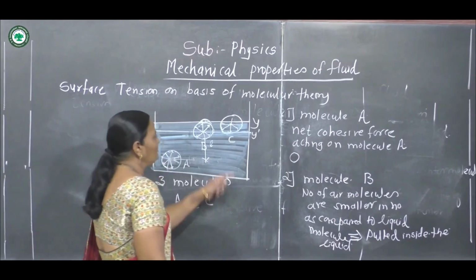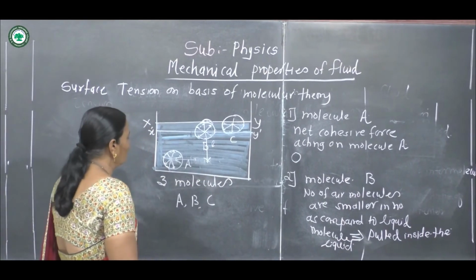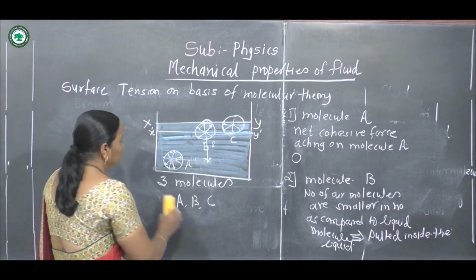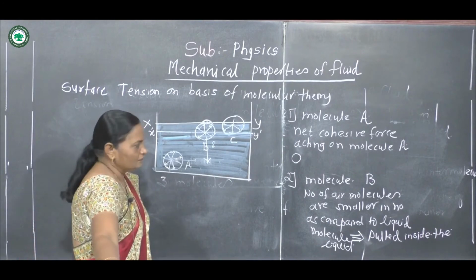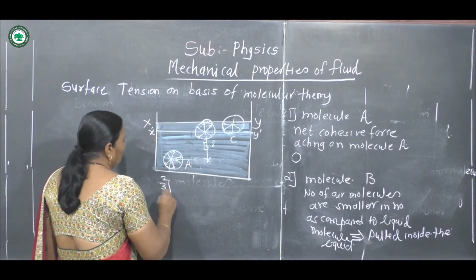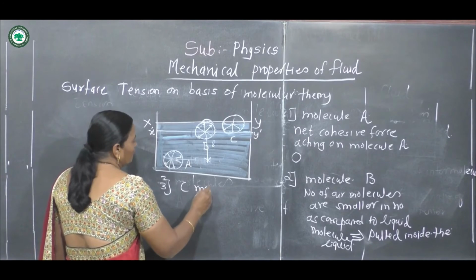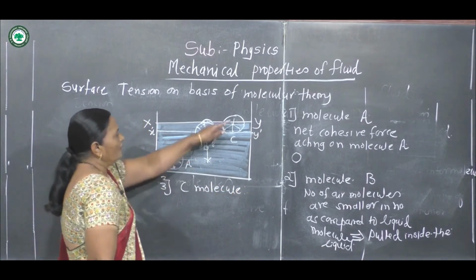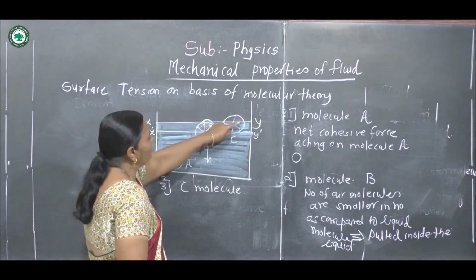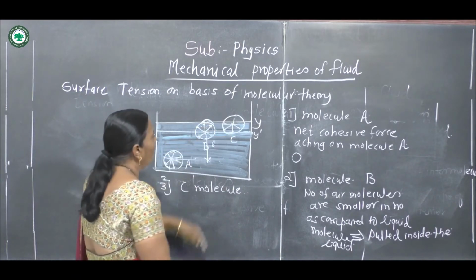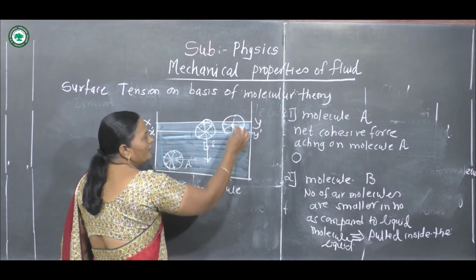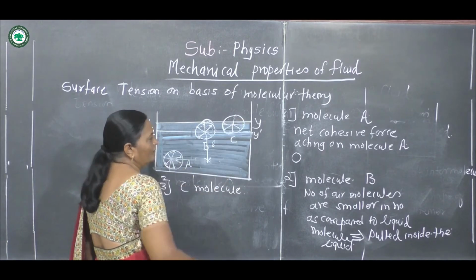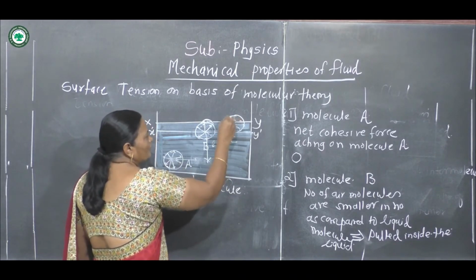Now in case of molecule C, this is the sphere of influence of C. Half of it is in the liquid, and half is in the air.